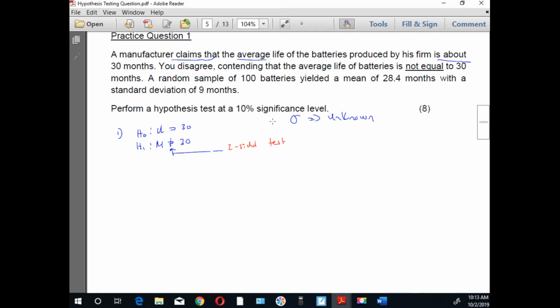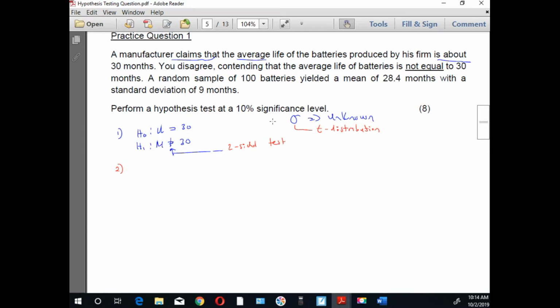Which means the next step is to do the decision rule. We are going to use the t-distribution because our population standard deviation is unknown.